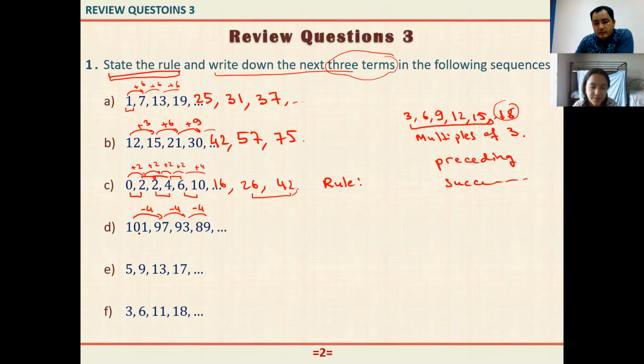Start off with 101 and subtract 4 to get the next term. Yeah. Good. So the rule is start with 101 and subtract 4 to get the next term. Right? Subtract 4 from the preceding term to get the next term.